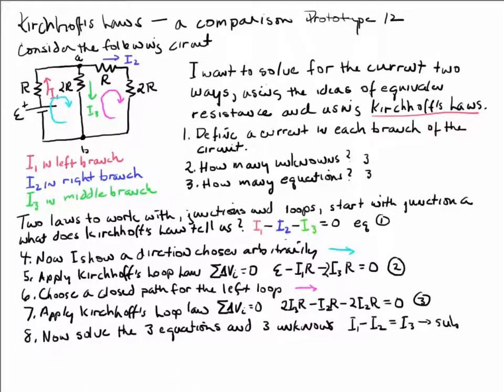Okay, first thing I want to do is substitute for I3, I1 minus I2. And when I do that, I find out that we end up with the EMF minus 3I1R plus I2R equal 0. And you may have noticed that I corrected that.